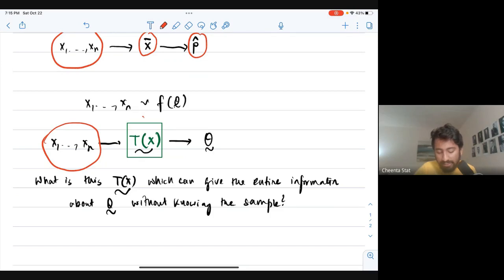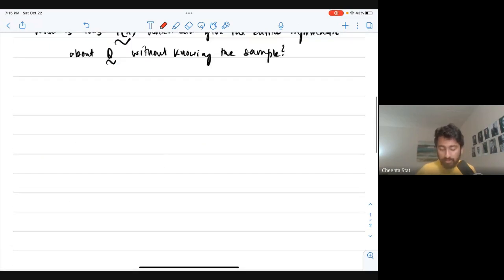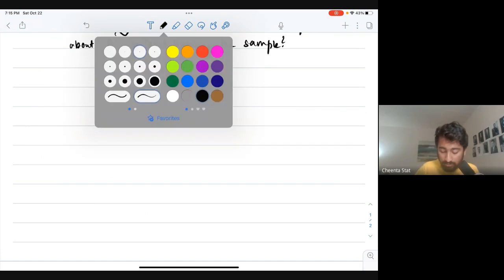So if we know T(X), if you remember the graphical models, then in some sense we are not adding any extra information to theta if we know xi, the sample.